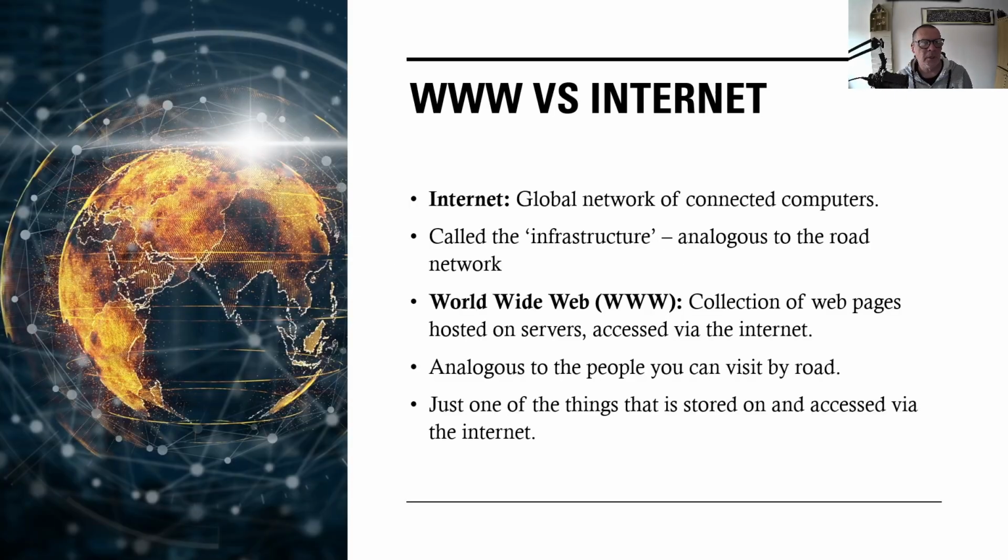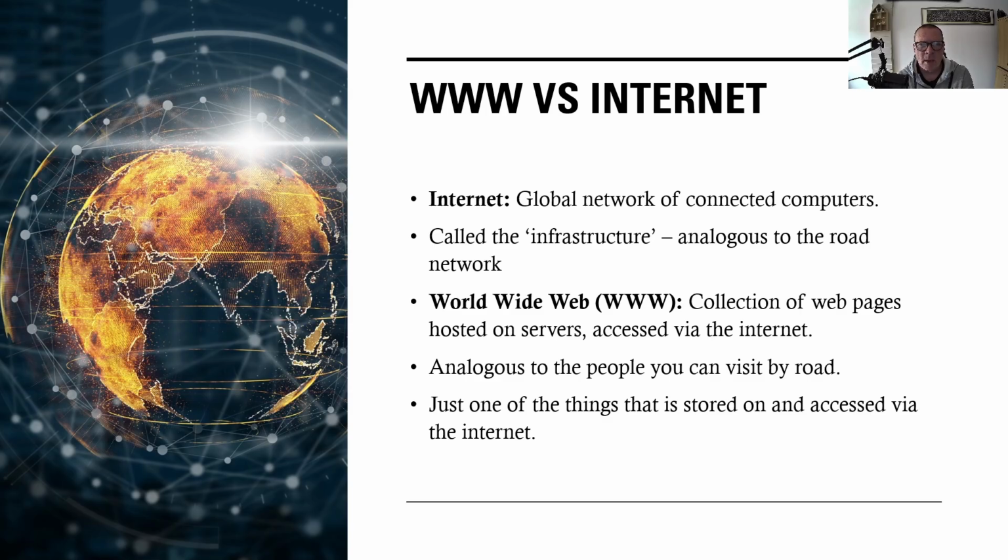So now we're looking at the World Wide Web versus the internet. A lot of people in the world confuse the two terms or use them synonymously. They're not. So the internet is the network of computers. It's called the infrastructure. It's a bit like the road network in a country or in the world indeed. It's all of the actual physical parts of the network.